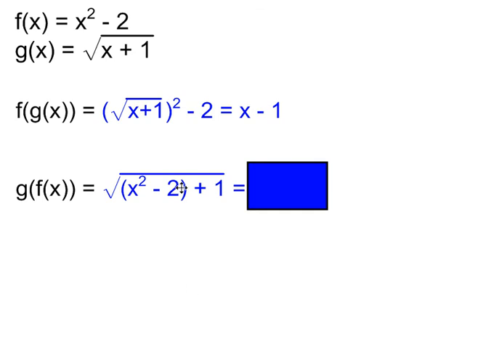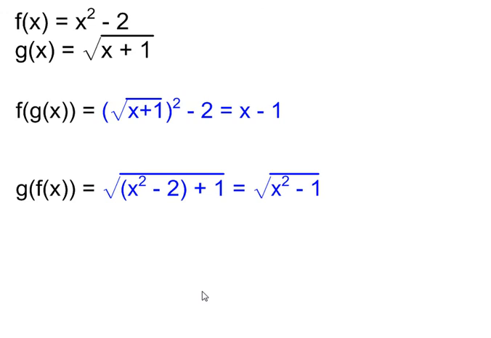Again, in this case, I really don't need the parentheses, so I'm going to combine my like terms, which are negative 2 and 1, and I'm just left with the square root of x squared minus 1. Again, I cannot simplify x squared because of the minus 1. My answer is as simple as it can get.